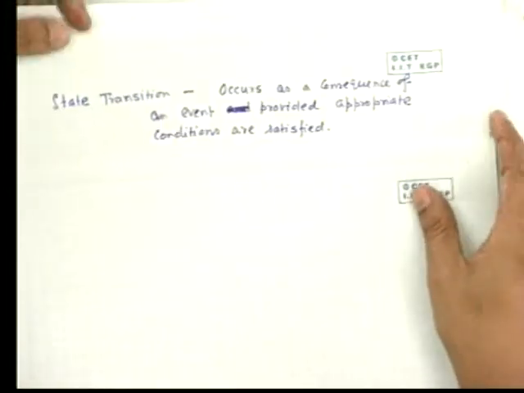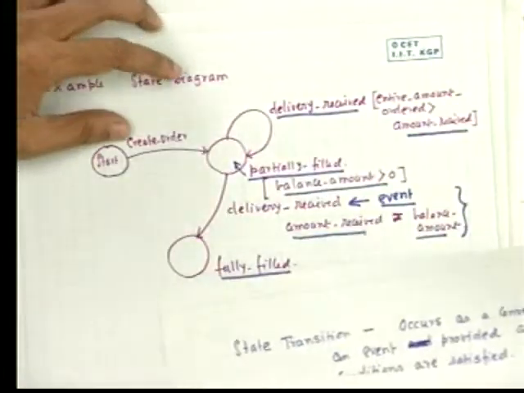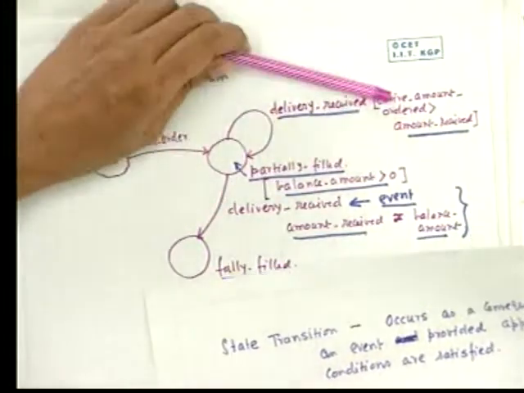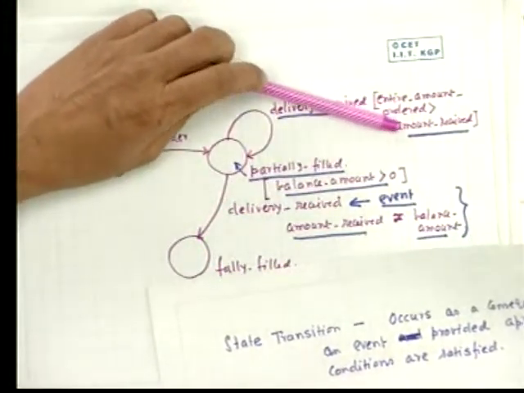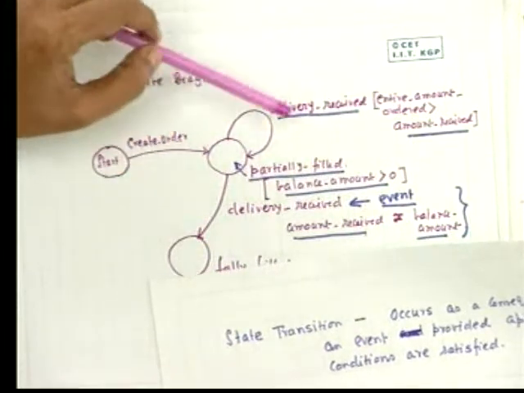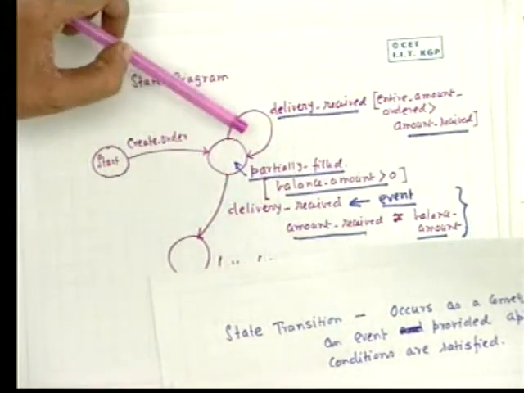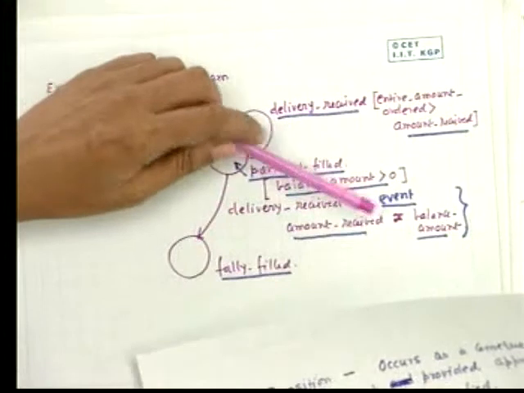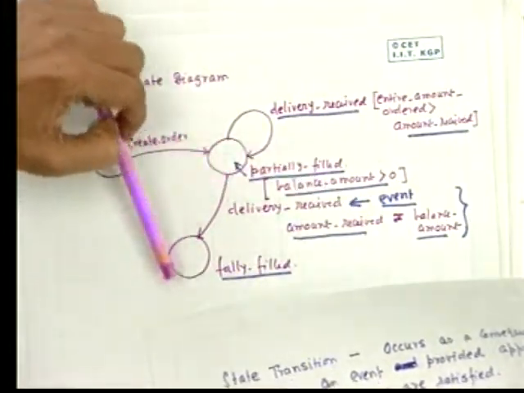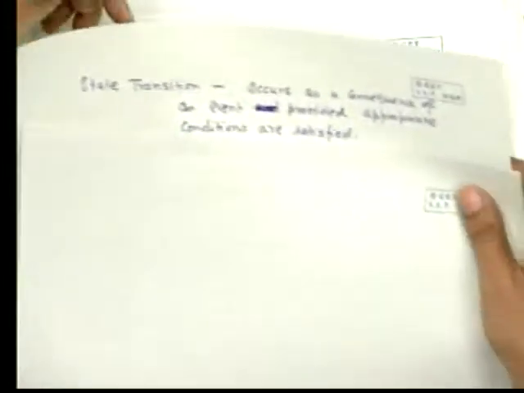In the previous example, if the amount received is less than the amount ordered, this transition will take place. If the amount received is equal to the balance amount, it will go to the fully filled state.